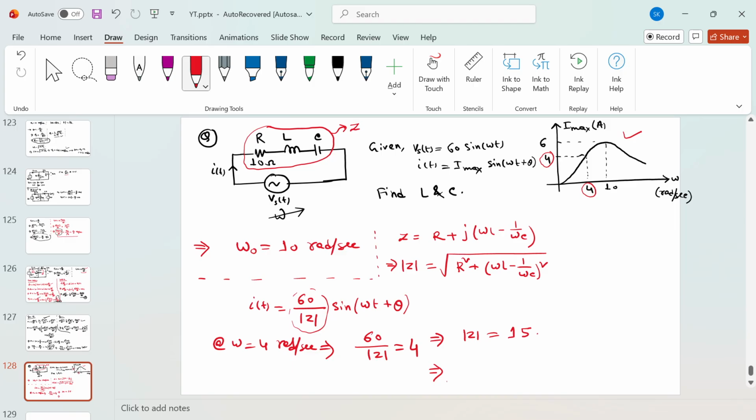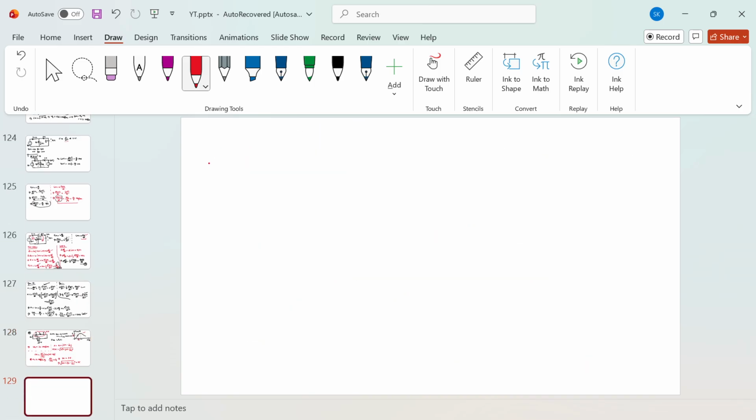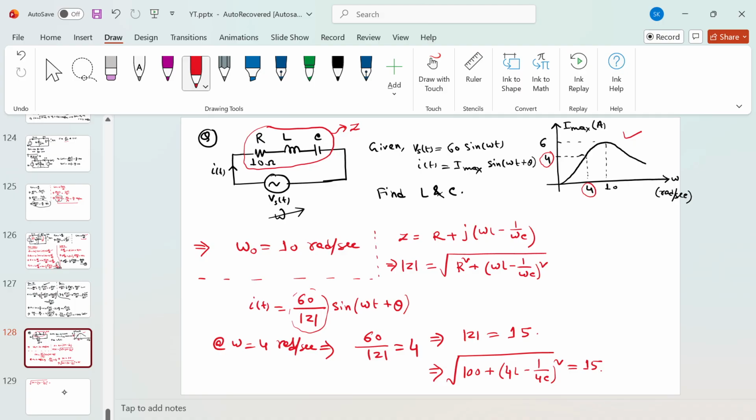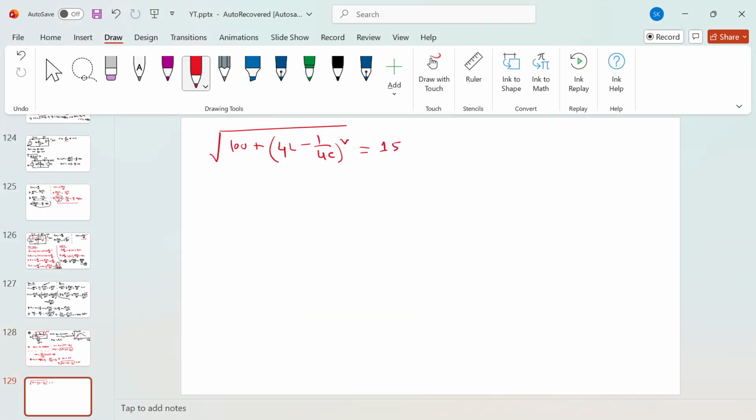Writing the mod Z value, R value is 10, so that is the square root of 100 plus 4L minus 1 by 4C whole square, equal to 15, right? If you take square on both sides, you will get 4L minus 1 by 4C whole square equals 15 square.